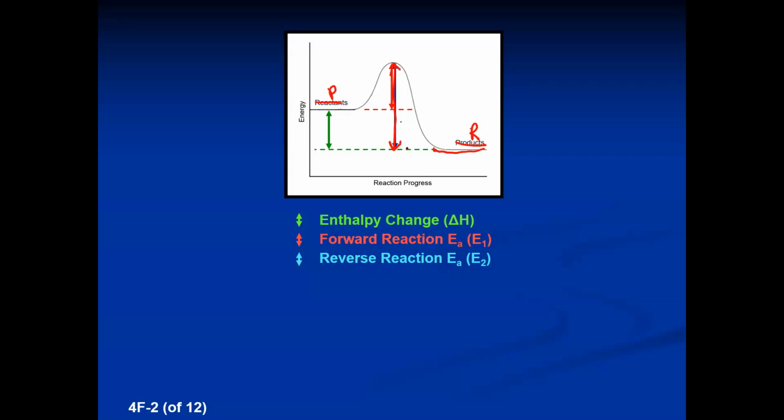Because remember, the activation energy is always the distance from the reactants to the top of that activated complex right here. And so it's going to be slower if we're going backwards because the activation energy is bigger. So you can tell how fast a reaction is by the size of the activation energy. So you can actually see this going forward and reverse in one single reaction profile.